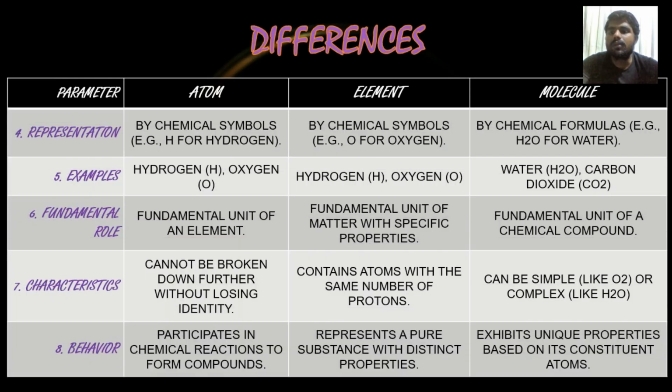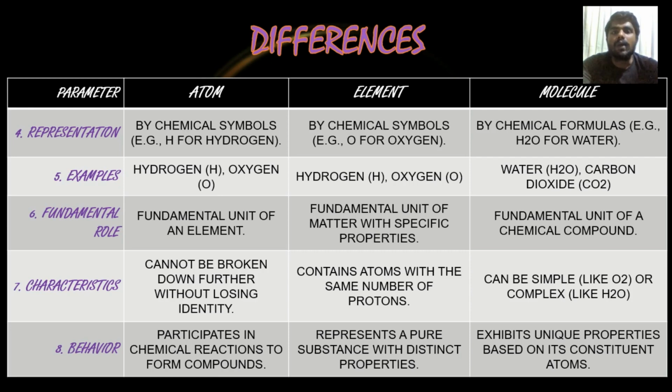Continuing the differences, fourth point would be representation, how the representation is done for atom, element and molecule. Atoms are represented by chemical symbols. For example, for representing hydrogen, H is the symbol which is used. Similarly, elements are also represented by chemical symbols. Here also H is the chemical symbol for hydrogen and O is the chemical symbol for oxygen.